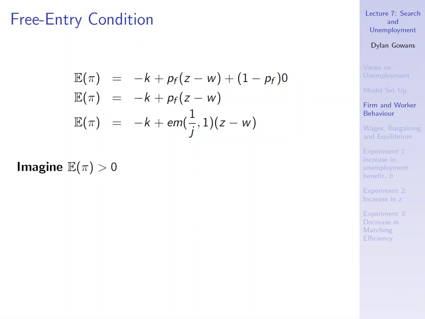Now, imagine that expected profits from searching are greater than 0. I, as a firm, look at the market, I look at these values, and this is greater than 0. I expect that by entering, I will make some profits. Well, then firms will enter and search for workers. But notice what happens. When firms enter, I increase J, so there are now more firms looking for workers.